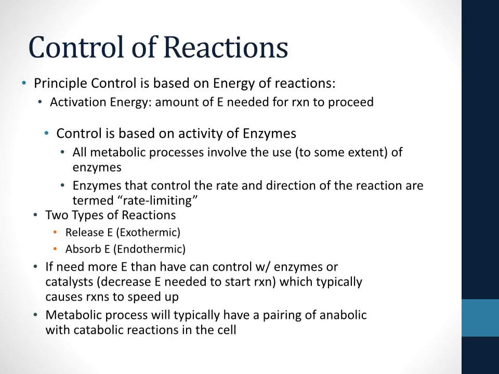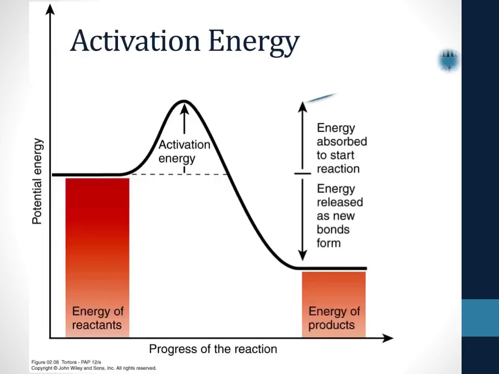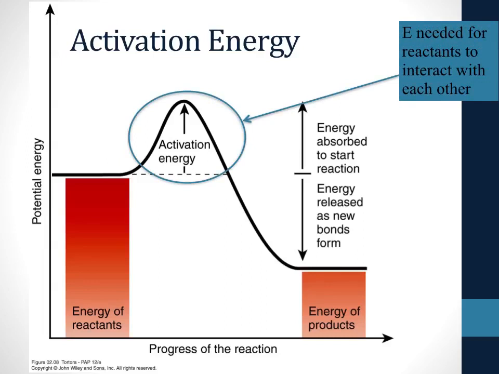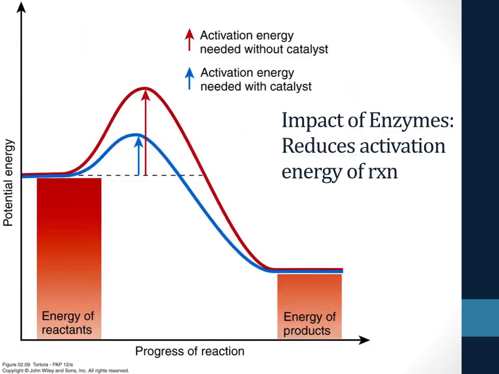Remember the difference between the unidirectional and the bidirectional? Unidirectional goes one way, bidirectional goes two ways. Enzymes on the unidirectional steps are rate limiting. They're going to control how quickly I allow the reaction to take place, and they're going to determine how much product I'm allowed to form.